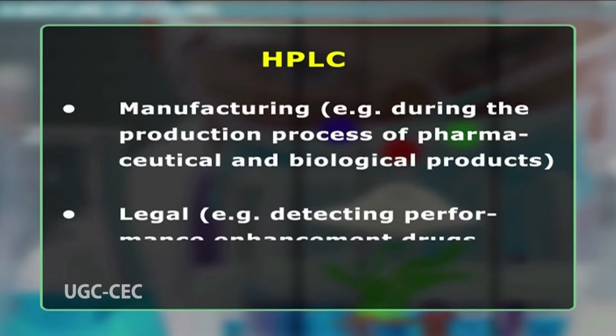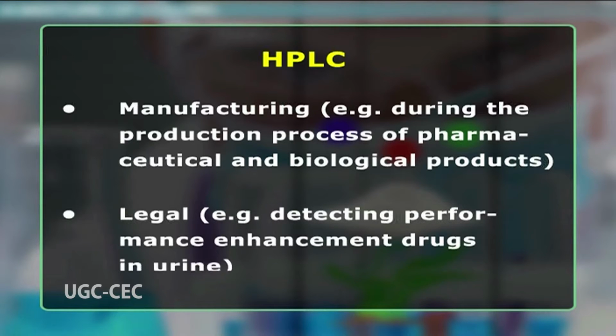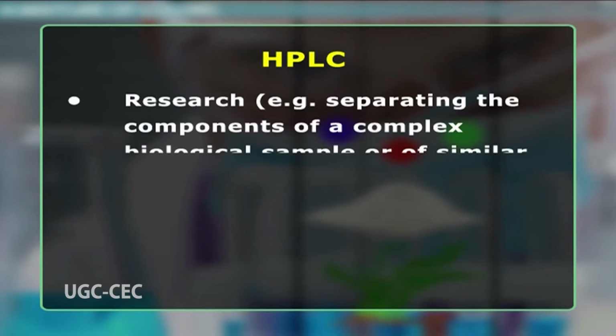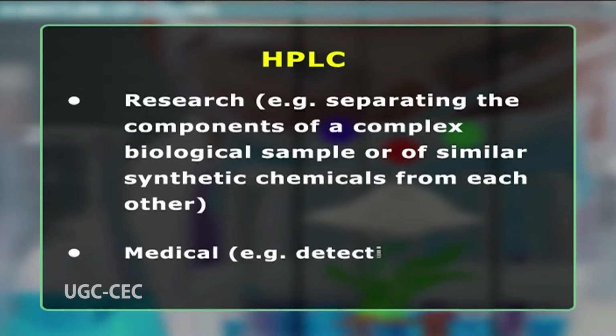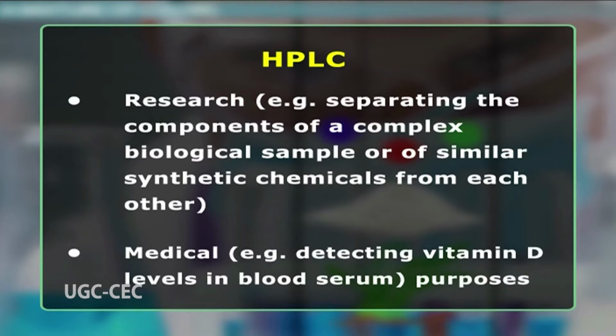Legal, for example, detecting performance enhancement drugs in urine. Research, for example, separating the components of a complex biological sample or of similar synthetic chemicals from each other. And medical, for example, detecting vitamin D levels in blood serum.